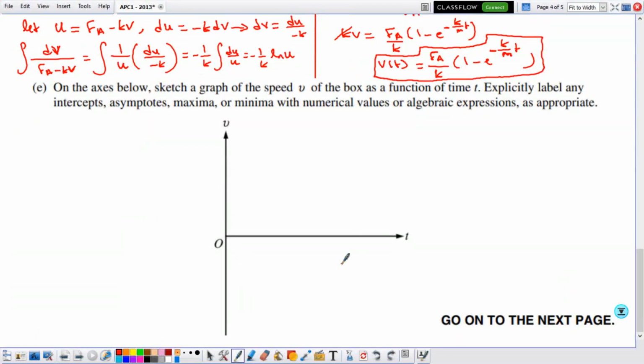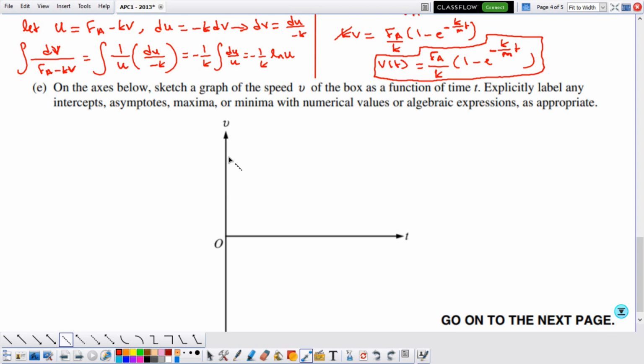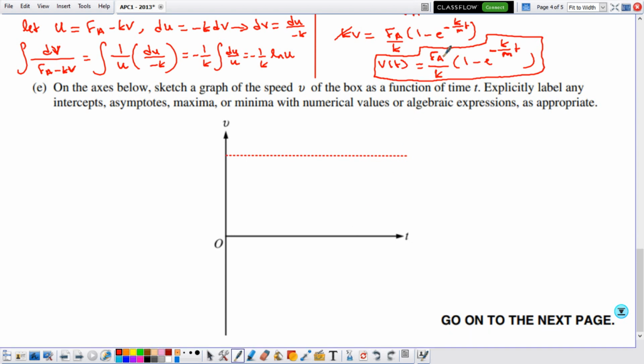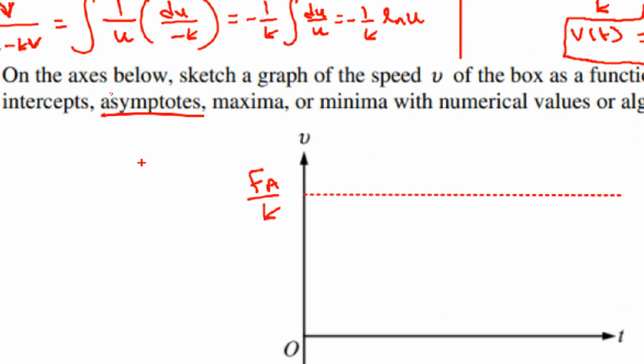We know that in such systems the velocity is an exponential growth reaching an asymptotic value, which is the terminal velocity. The terminal velocity is here given by Fa divided by k, and by that we have drawn the asymptote.